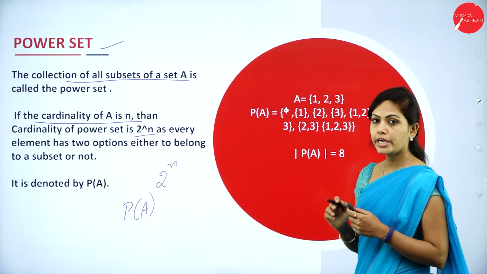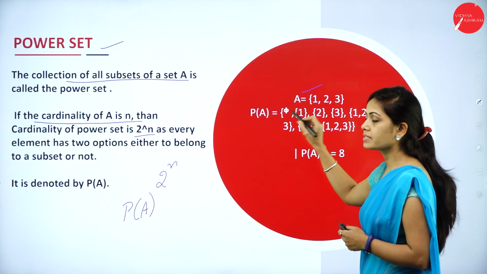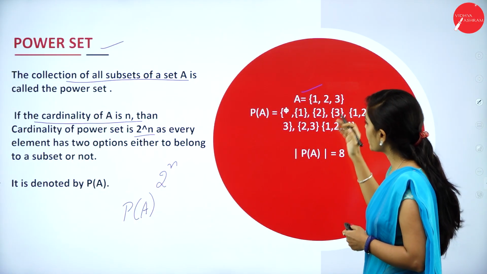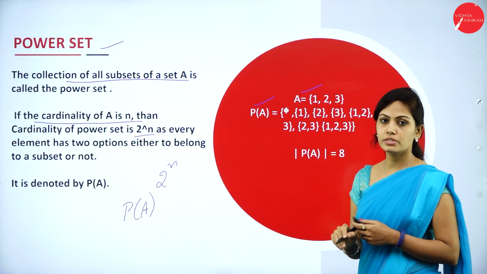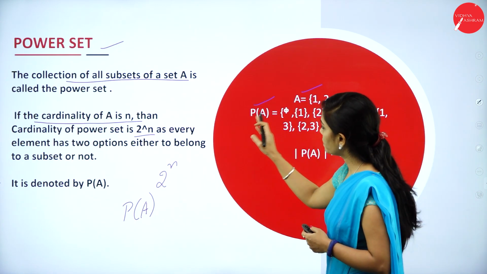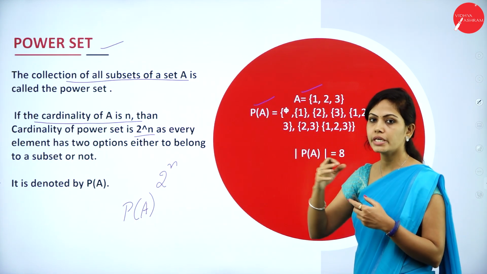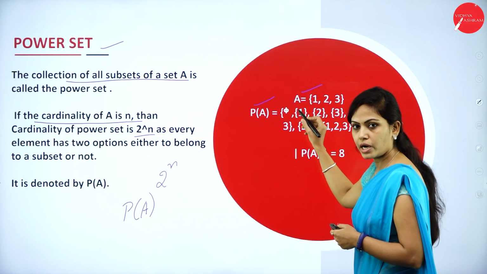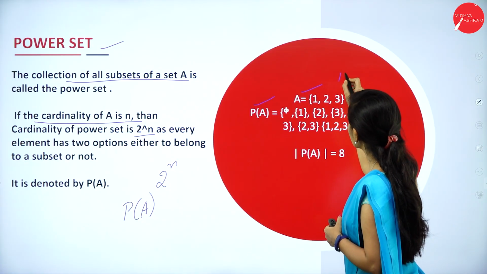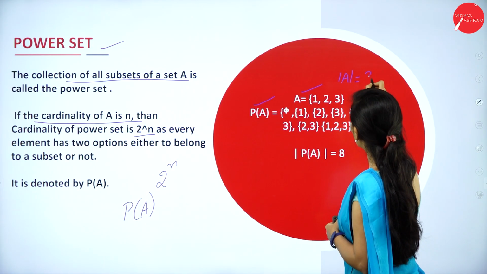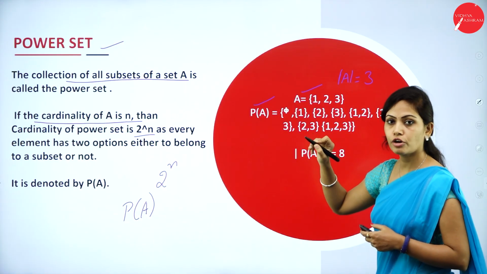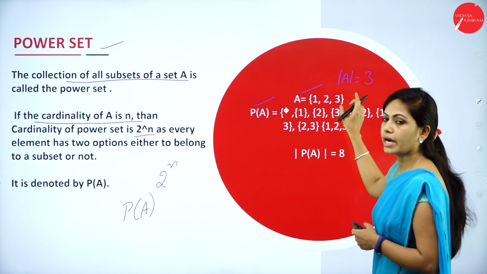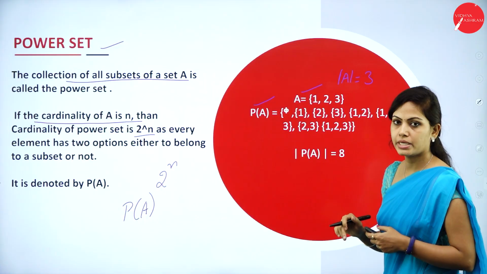Example: here I have set A equal to {1, 2, 3}. How to write its power set? It is represented by P of A, P of B, P of C, etc. Cardinality, that is mod A, is 3, as I have 3 elements.